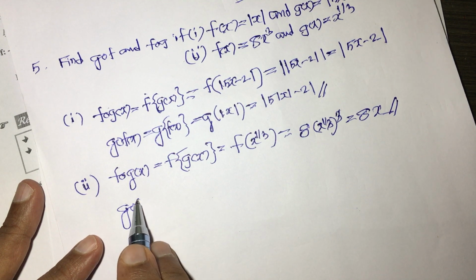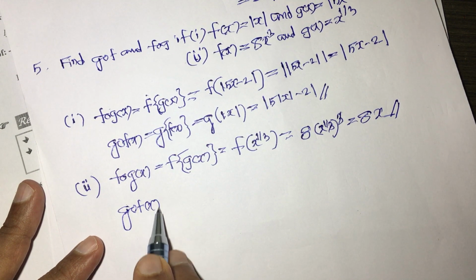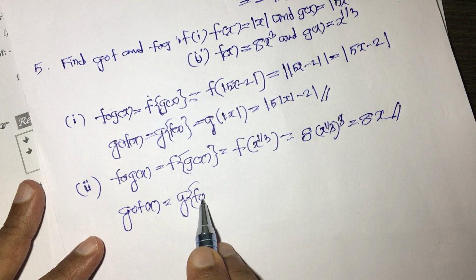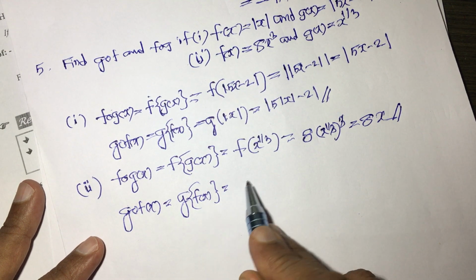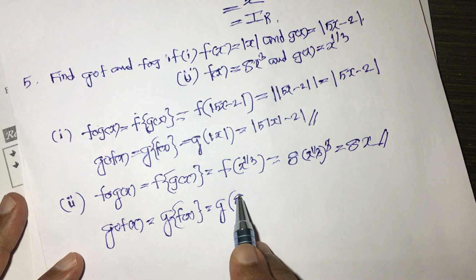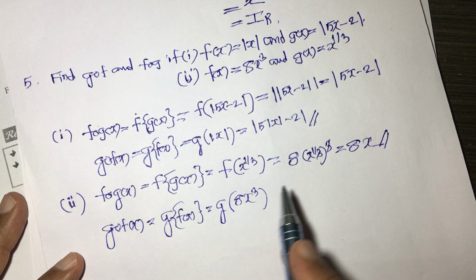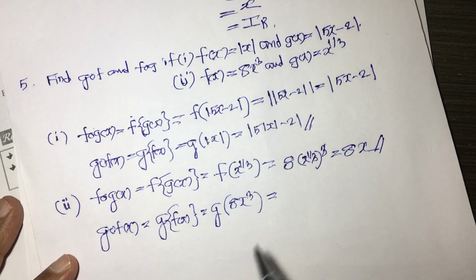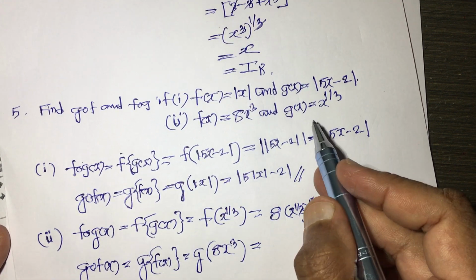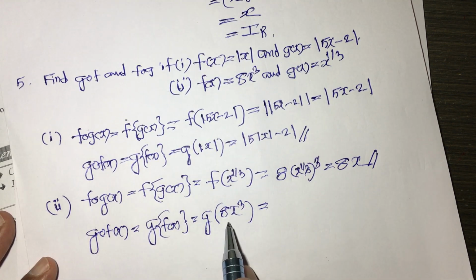g composite f of x, which is g of f of x, g of, I put the value of f of x, which is 8x cube, and g of x is x raised to 1 by 3, means your x is 8x cube.